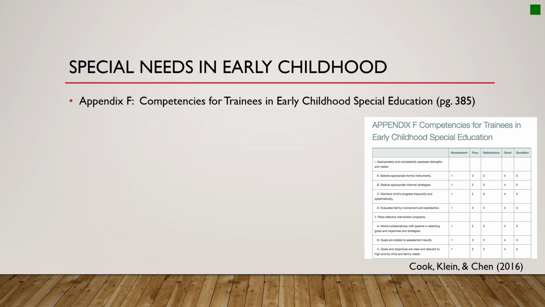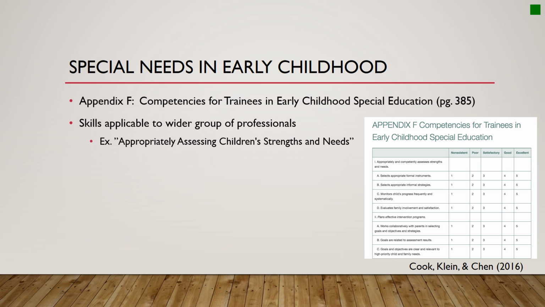However, if you take a look at that appendix and see the different skills that they're talking about, you'll really see that they are applicable to a wider group of professionals. For example, one of the competencies is appropriately assessing children's strengths and needs. Well, that's a skill that's really going to come in handy with any provider's role.